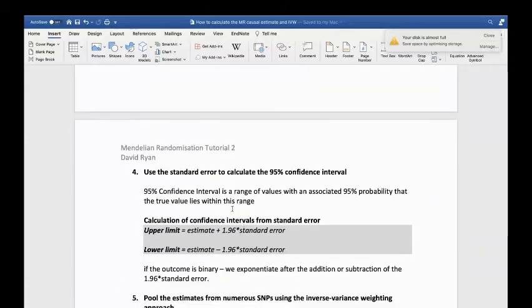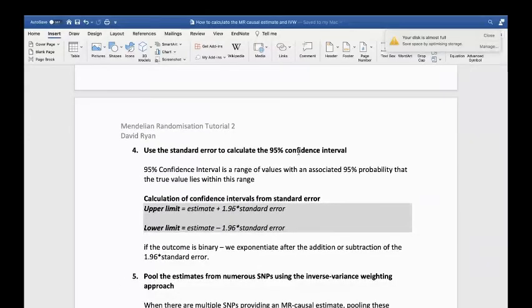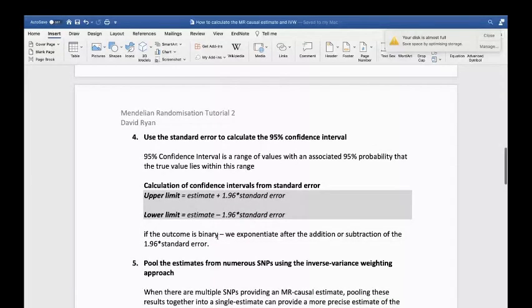And then we use the standard error to calculate the 95% confidence interval. So the upper limit is the estimate plus 1.96 times the standard error. The lower limit is the estimate minus 1.96 times the standard error. But again, at the end, if we need to convert this to an odds ratio, we exponentiate after we have added or subtracted the standard error.